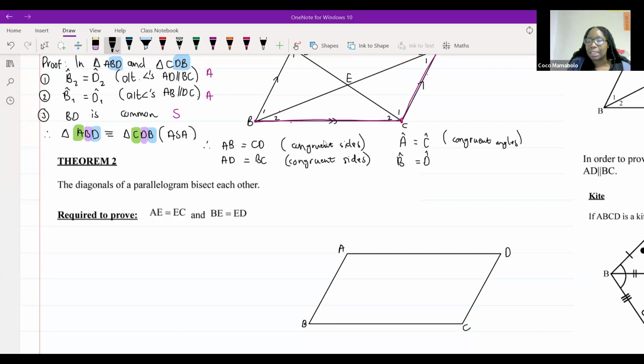We don't have an E as yet. So I need to first construct. What are the two lines we're going to construct, guys? AC and BD, good. Construct AC and BD. Let's start there.